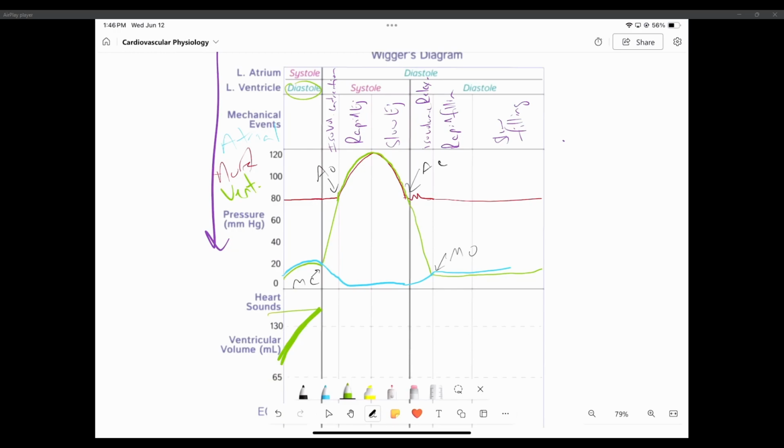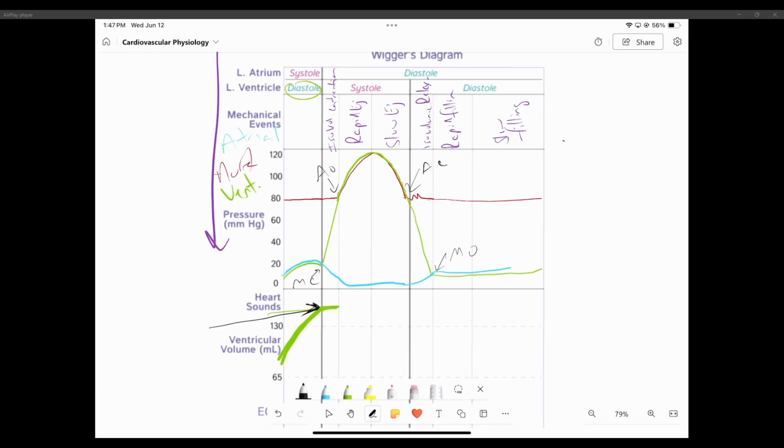Now, what's the next phase that's going to happen? What's the first phase of systole? Isovolumic. Nothing's going to happen to this volume of blood because there's nowhere to go, because the doors are all closed. I'm going to put an arrow right here. That point also has another word that we learned before when it comes to stroke volume.